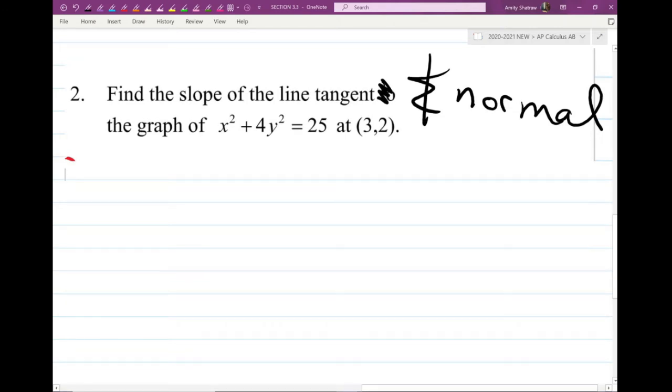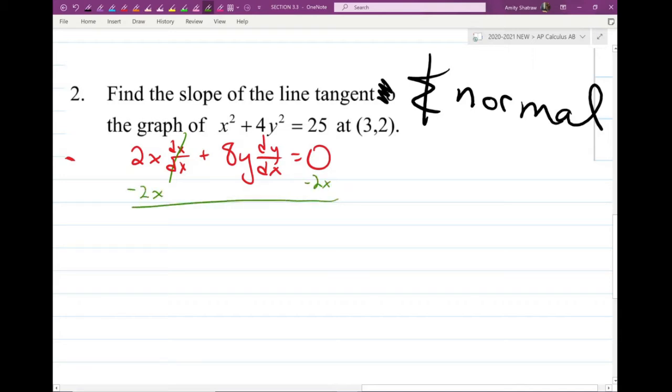So when I'm taking the derivative of x squared, I'm going to get a 2x dx/dx. And when I take the derivative of 4y squared, I'm going to get an 8y dy/dx, and I'm not going to forget to write that dy/dx down. The derivative of 25 is 0. So I'm well on my way to finding my derivative. I know that that part doesn't matter, and by the way, I want to minus 2x from both sides.